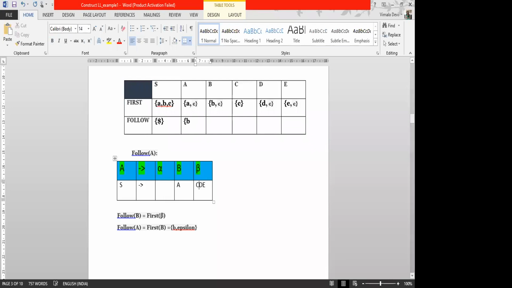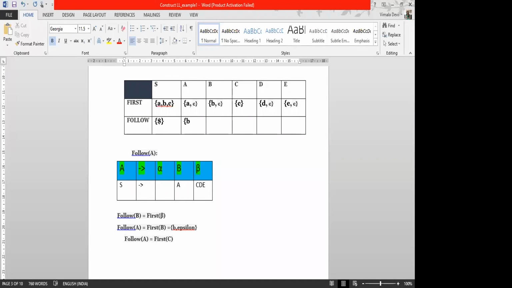If I replace this B by epsilon, now you tell me what is follow of A. Can you tell me now? Follow of A is nothing but first of C. Follow of A is nothing but first of C. What is first of C? It is just c. So include that c also in the follow set of A.